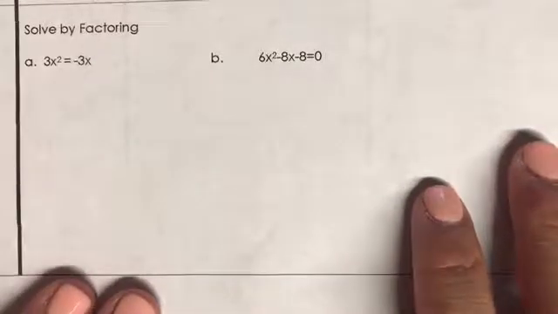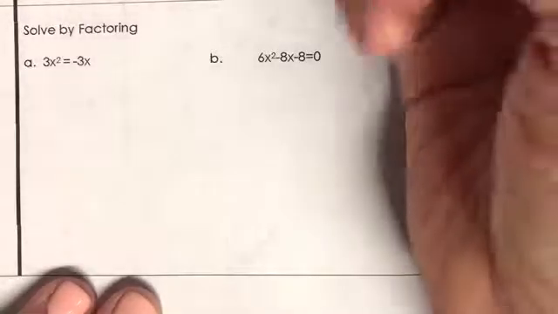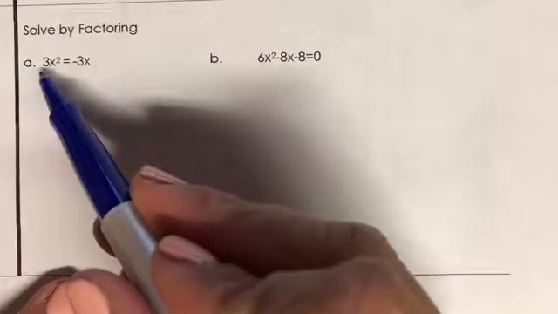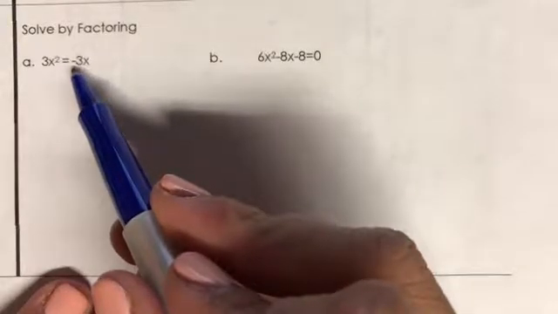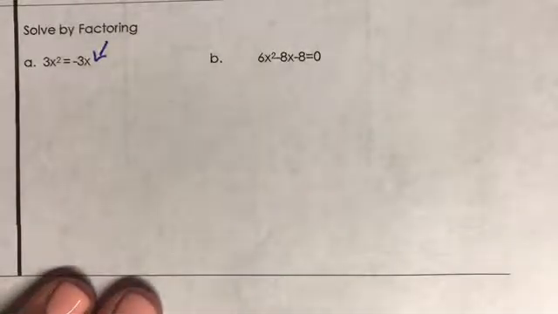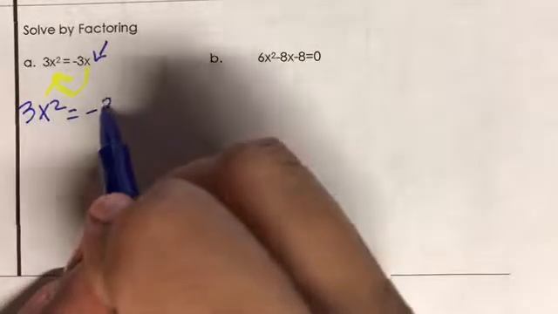So, solve by factoring. This one's just a little bit different. You definitely want to have your expression or your equation have a 0 only on one side. So what we're going to have to do here is move this over. Let's rewrite it: 3x squared equals negative 3x.